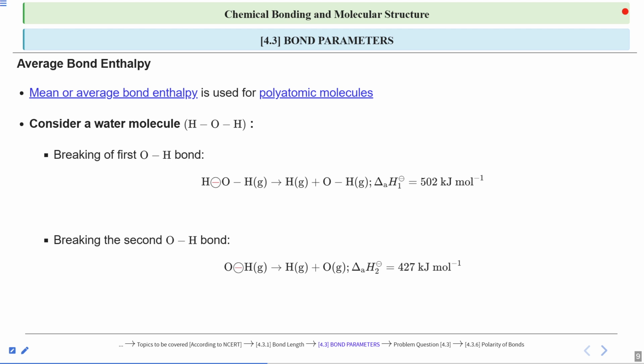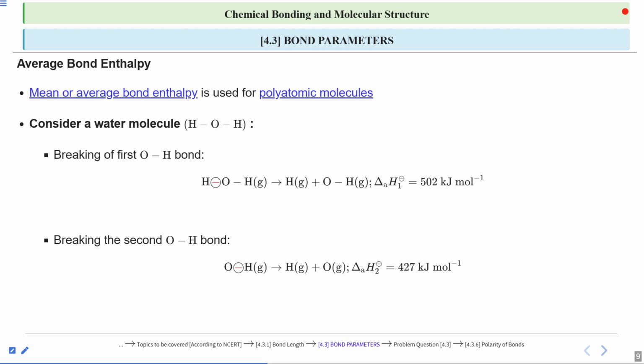We will break them one by one, and that will give us two different values of the bond enthalpy. Now our problem is which value should you take? Because here we are not confined to one value, as in the case of H-H, where we have only one bond between H and H.